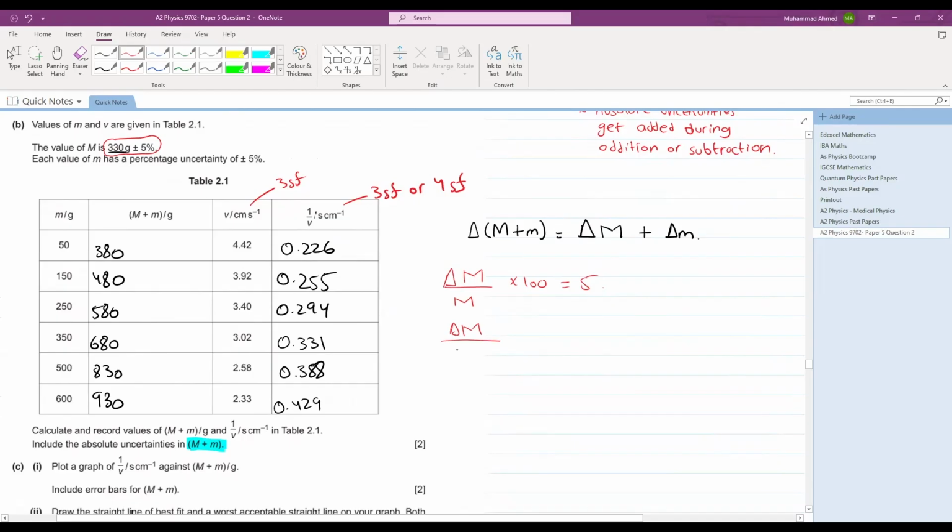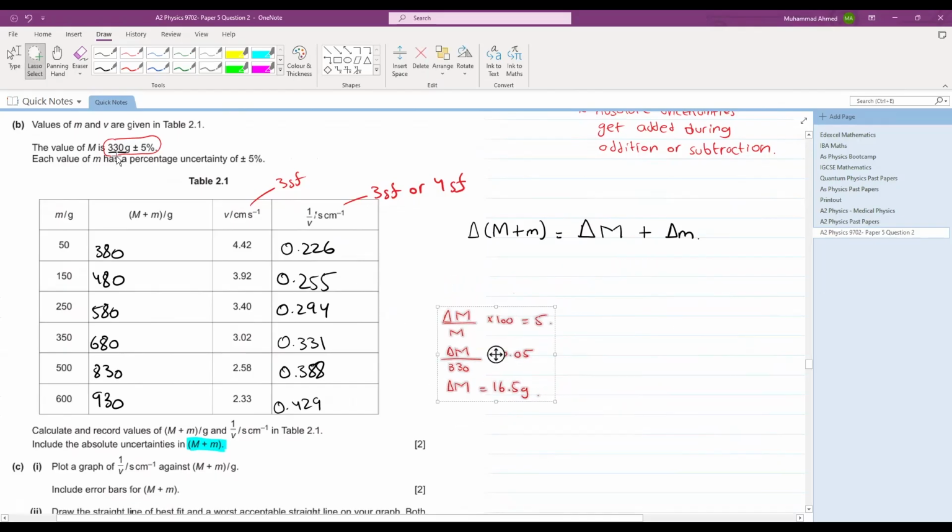Absolute uncertainty in M divided by 330 is equal to 0.05. What will your absolute uncertainty come out to be? Yeah, let's calculate it. 16.5. Your absolute uncertainty in capital M comes out to be 16.5 grams. Simple. And this will remain constant throughout.